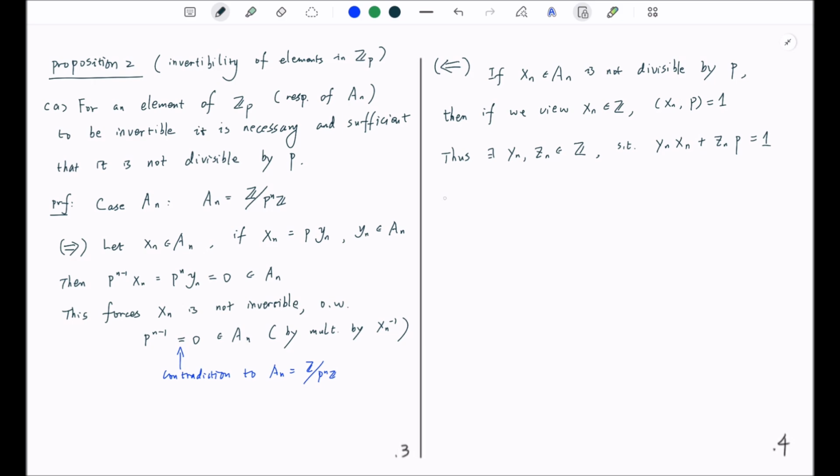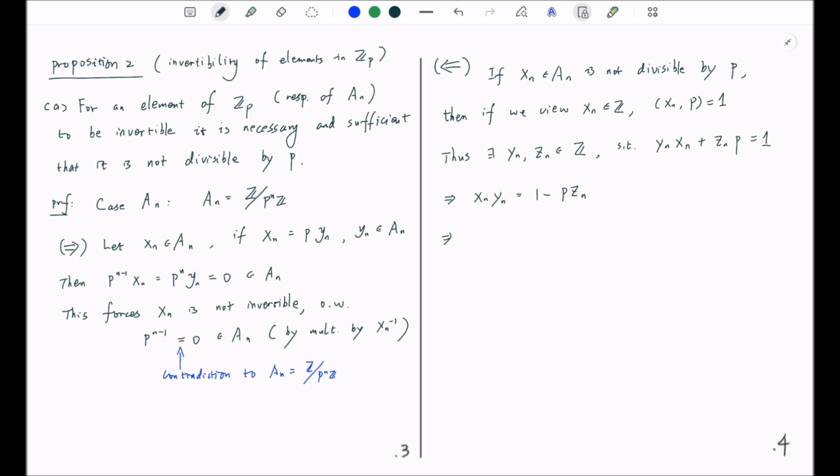And this implies x_n y_n is equal to 1 minus p times z_n. Remember, our goal is to find the inverse to x_n in A_n. And now we're going to find it.